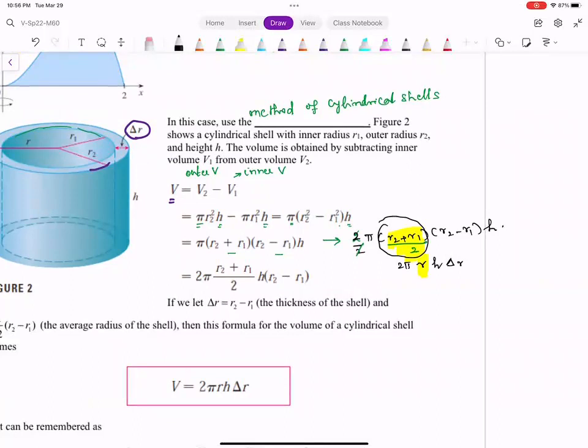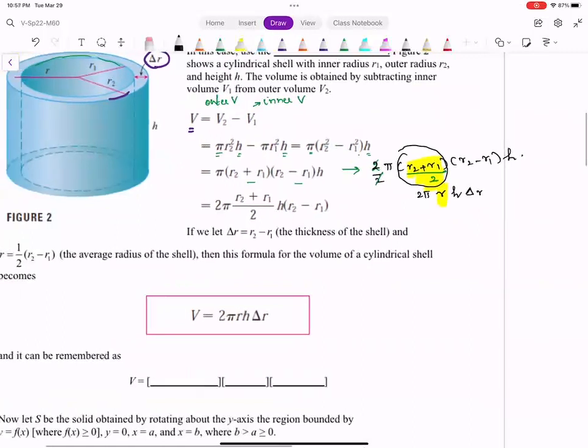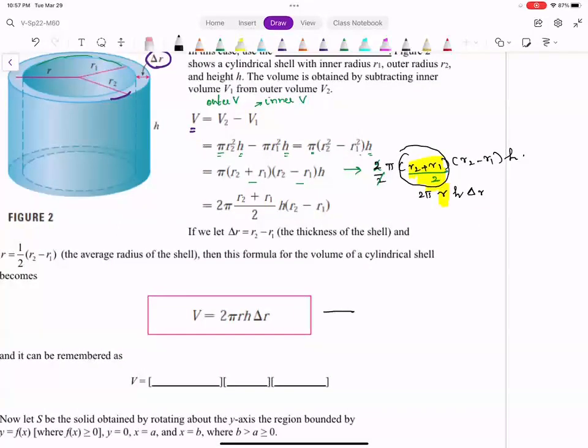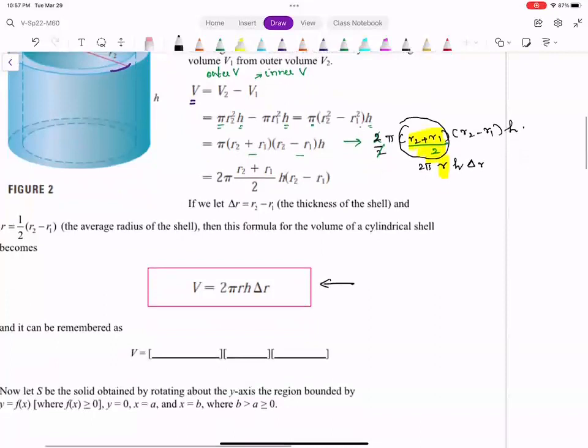So we write 2 pi R h delta R, and that is the volume of the cylinder. R is the average of the radii, h is the height of the cylinder, and delta R is the thickness of the cylinder. 2 pi R denotes the circumference of the cylinder, h is the height, and delta R is the thickness.